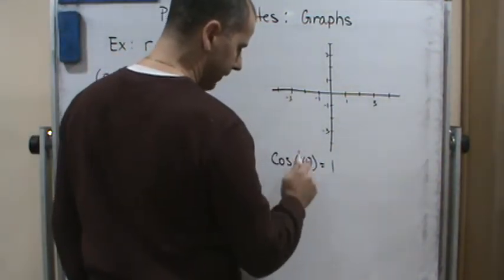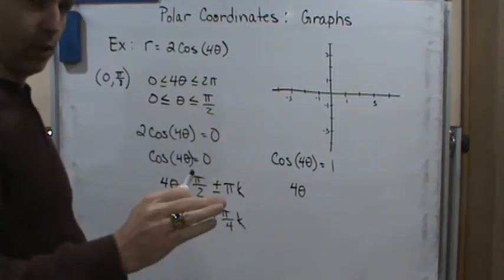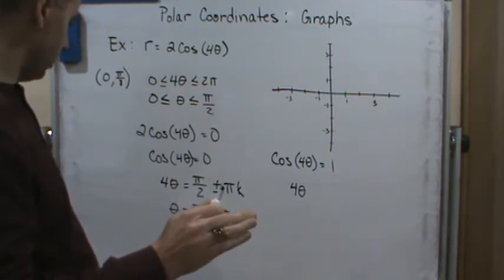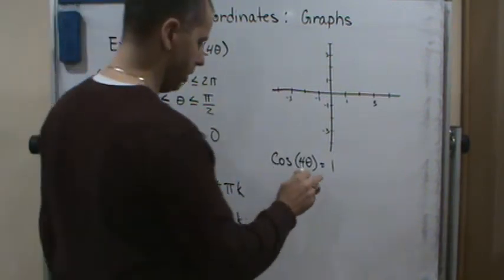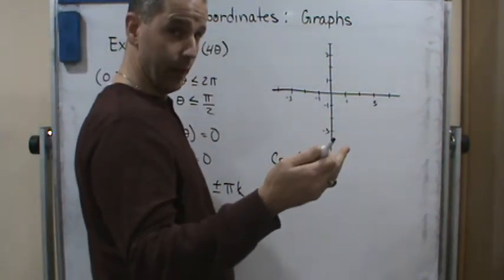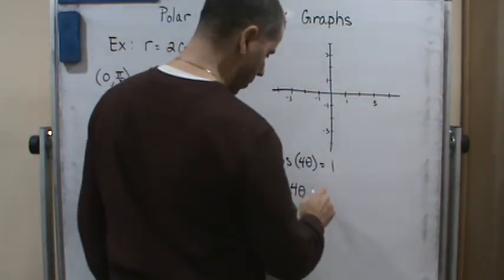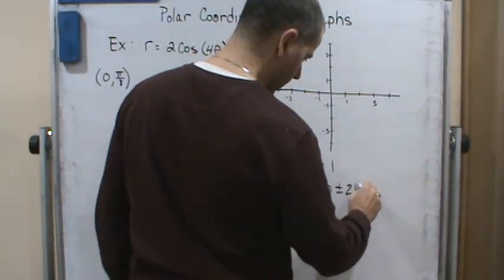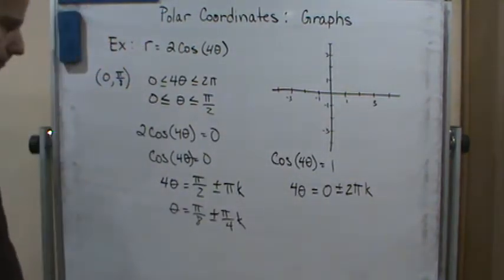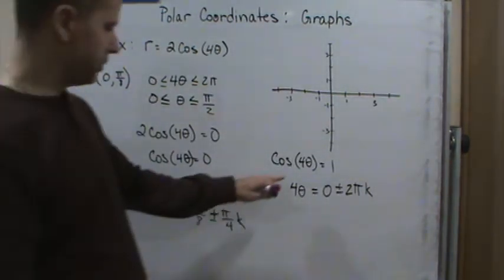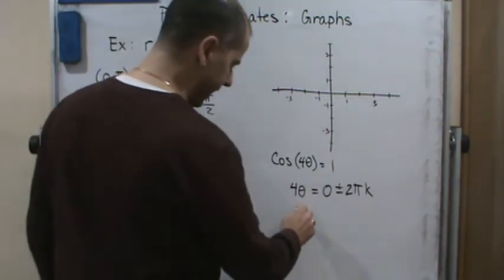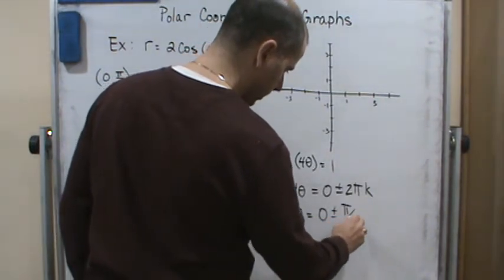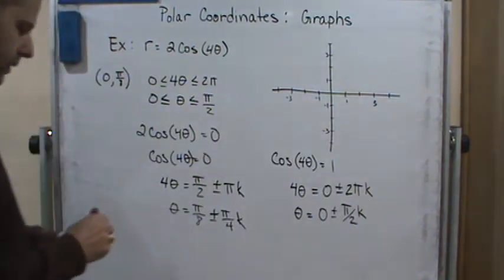So 4 theta is going to be equal to 0 plus or minus 2 pi times k, which means that this will happen when theta is equal to 0 plus or minus pi over 2 times some integer.